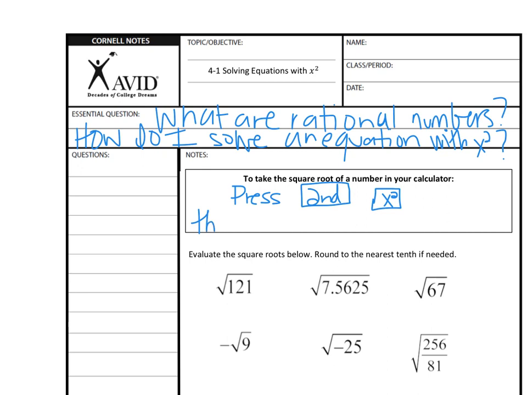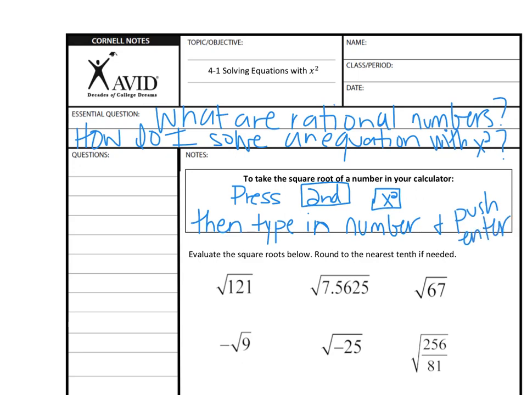Then once the square root symbol shows up on your screen, you will type in your number. And once you have your number typed in so that it looks like it says square root of 52 or whatever other number you're trying to find, you'll push enter. So those will be the buttons that we take.